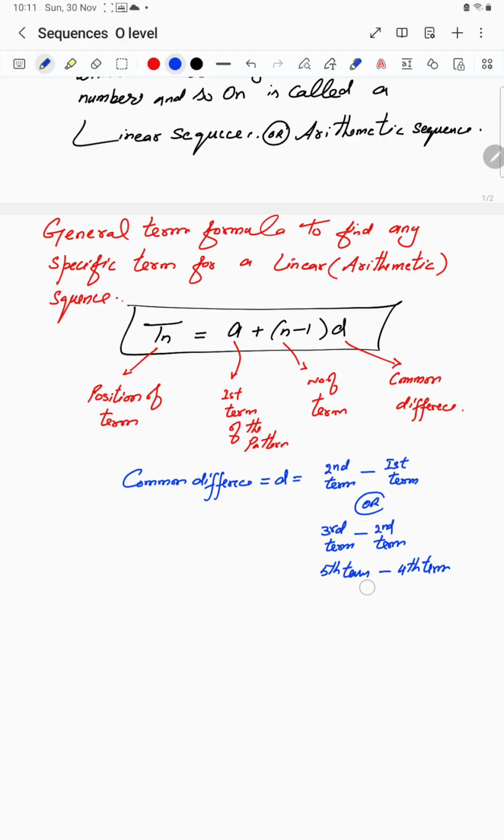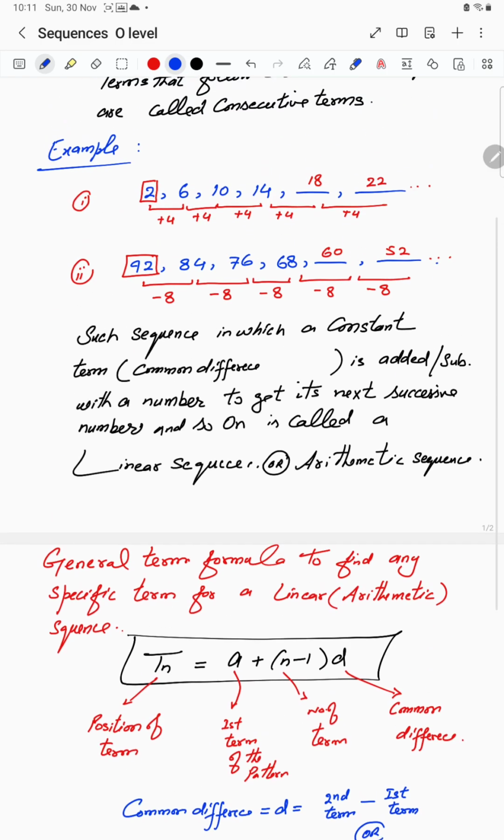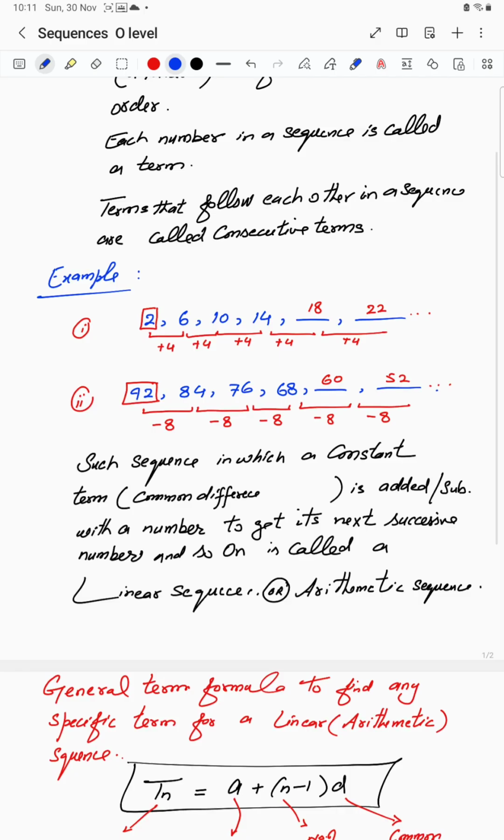So the common difference can always be calculated by subtracting the previous term from the current term. You can use any one of these to find it. It remains the same throughout the linear sequence, as we saw in examples 1 and 2. I hope it is very clear.